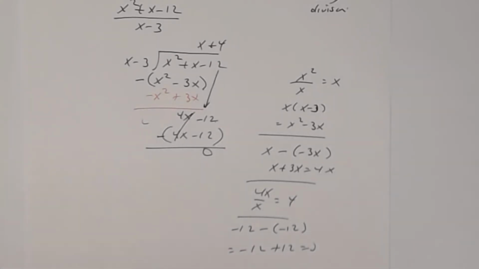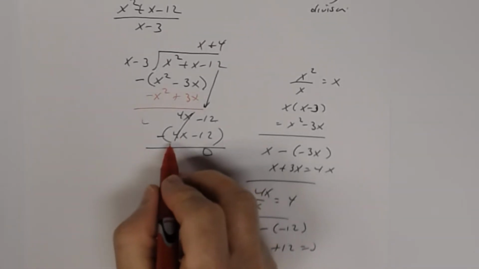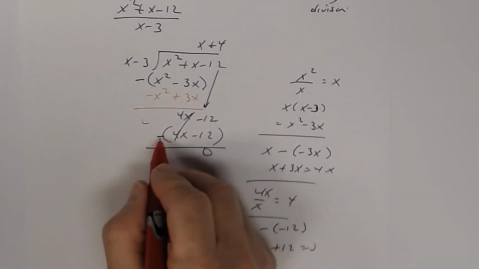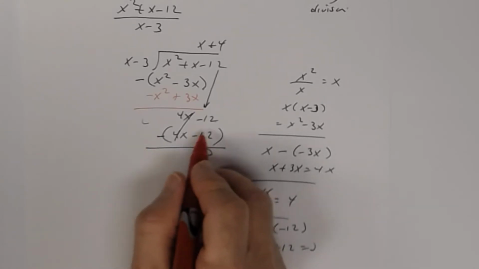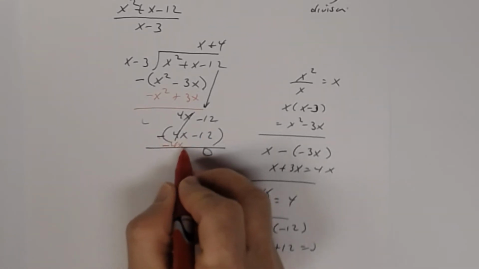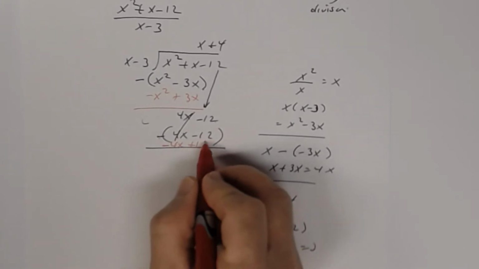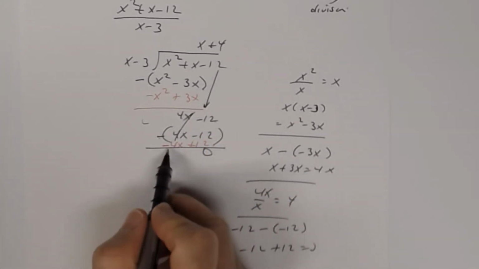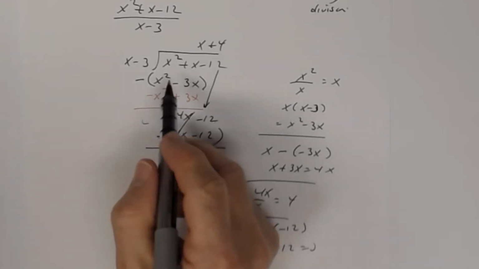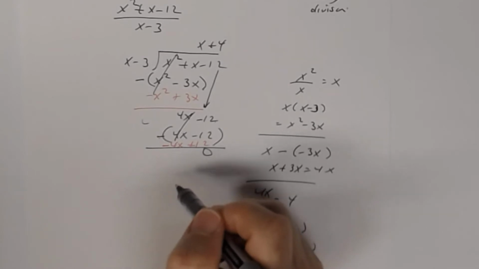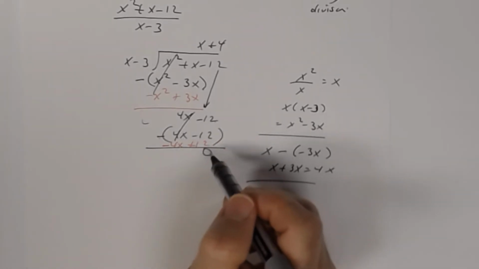Okay. And again, if you have to, then write it out. So subtract, and basically when you subtract this polynomial, you're just changing the signs. So the opposite of 4x is a negative 4x, and the opposite of negative 12 is a positive 12. And now notice 4x and a negative 4x is 0. See, just like we were talking, this cancels out always. Your remainder is not always 0, it just happens to be 0 in our previous two problems.